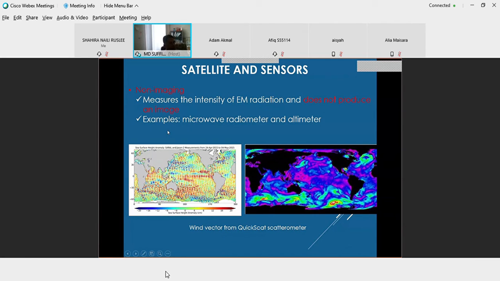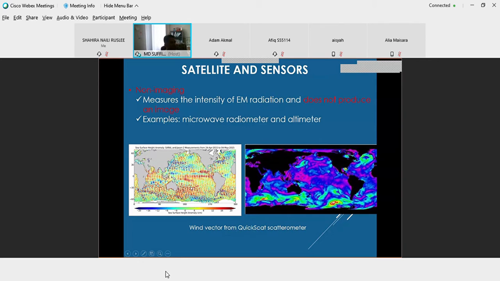Non-imaging measures the intensity of EM radiation at a single point and does not produce an image. Usually the resolution of non-imaging is higher, because it measures the intensity at every point. Examples are microwave, radiometer, radar, and also altimeter. This is an example of wind vector from QuikSCAT, a scatterometer. After you get that information, you do calibration, and then you produce your own image.